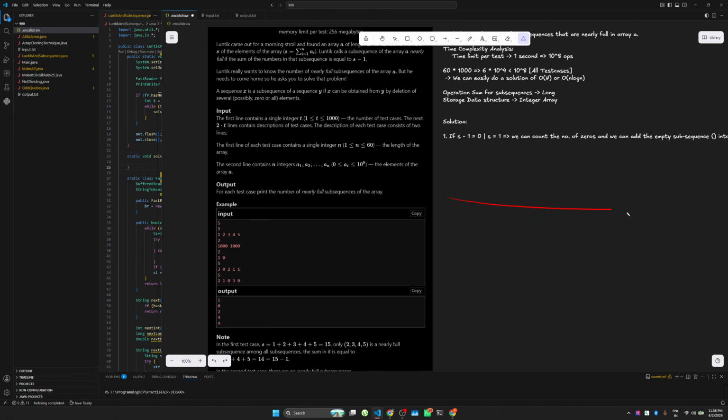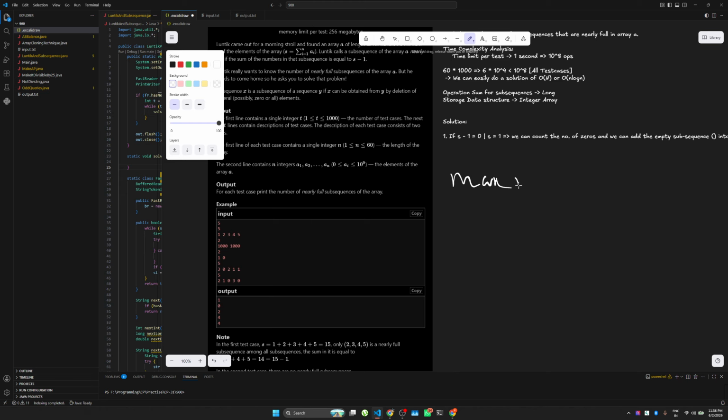Now in any subsequence, if we are only removing just one from it, then the max number that we can exclude from the array is what? 1. Nothing greater than this. No other number we can remove from the array which is greater than 1.